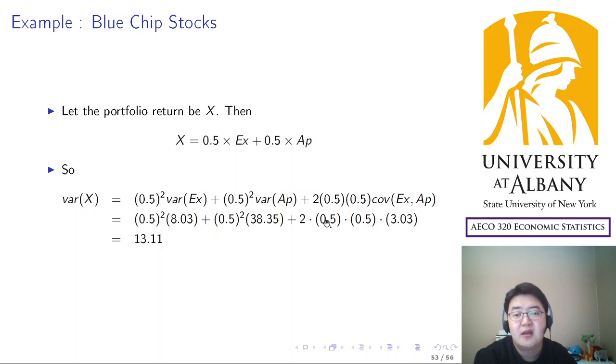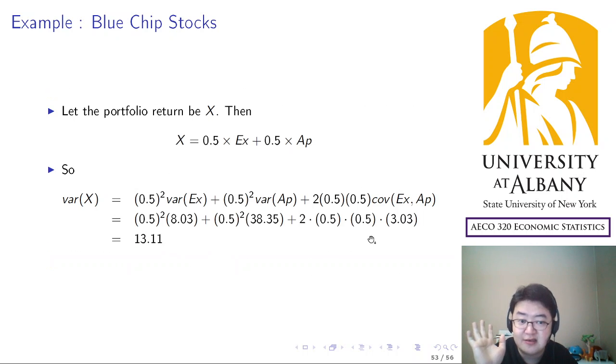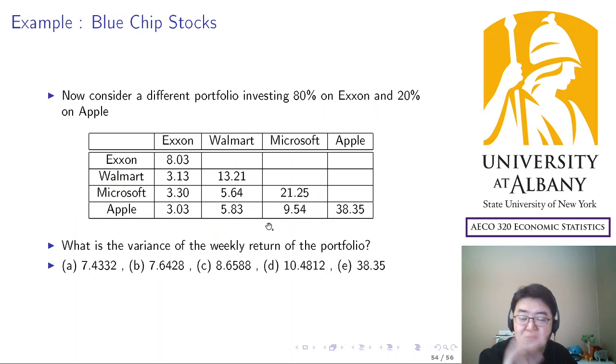And then let's try this. If you invest 80% in Exxon and 20% in Apple, what would be the result? You are doing the same thing, but changing the numbers to 0.8 and 0.2. So 3, 2, 1.